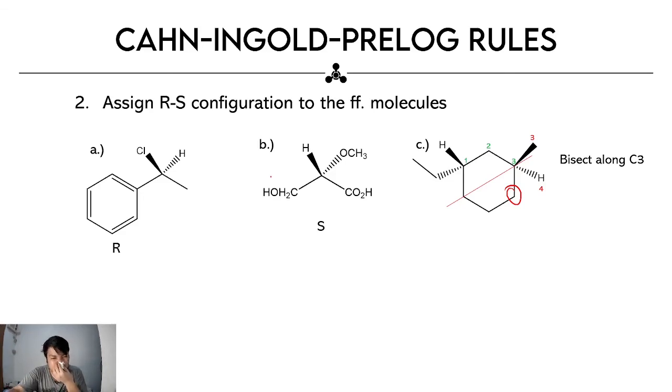Therefore, this one here will be our priority number 1, and this one will be our priority number 2. Based on the direction, this is 1, 2, 3, so that is a counterclockwise direction. The configuration will be S, and since it is at carbon 3, that will be 3S.